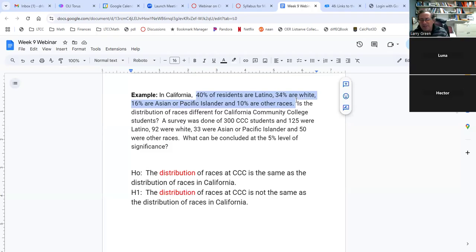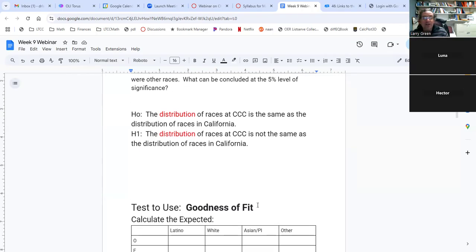So if you have a known distribution and you want to compare it with an unknown distribution, then we're going to use what's called a goodness of fit test. So that's going to be the name of the test. And by the way, on the exams and on your discussion post, you do need to be able to write down what the test you're using is. So that is important. So this is a goodness of fit test.